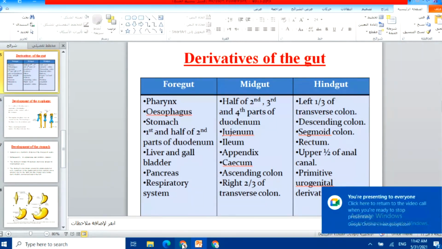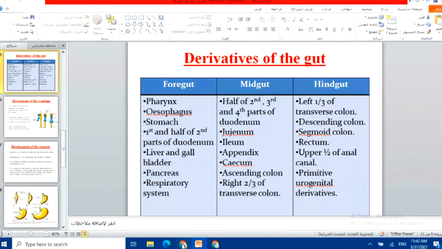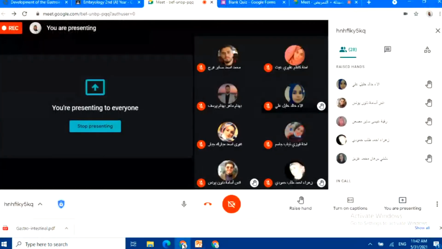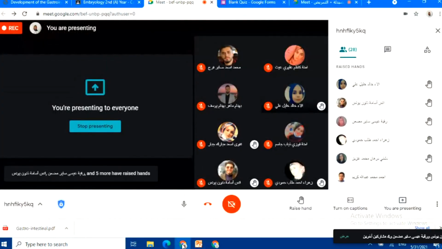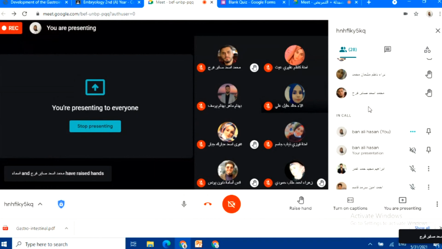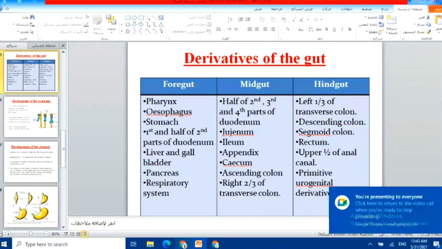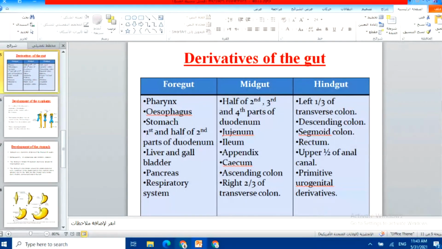Which part of the gut will form the respiratory system? براء ناظم. The foregut. Okay, thank you. آخر سؤال. Which part of the gut will form the descending colon?